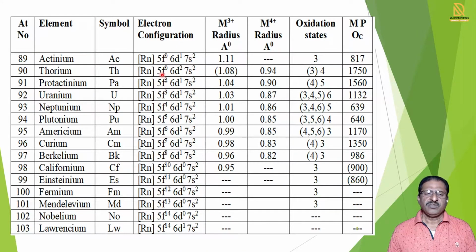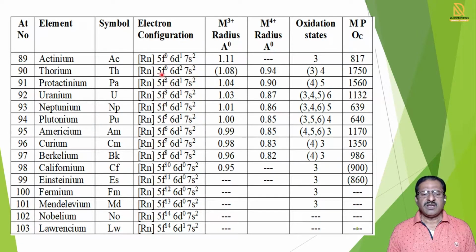Here 5f contains 0 and 6d contains 2, but this is not fixed. One of the electrons may be filled in f also. So in the case of thorium, we can write the electronic configuration as Rn 5f1 6d1 7s2, and that is also correct.